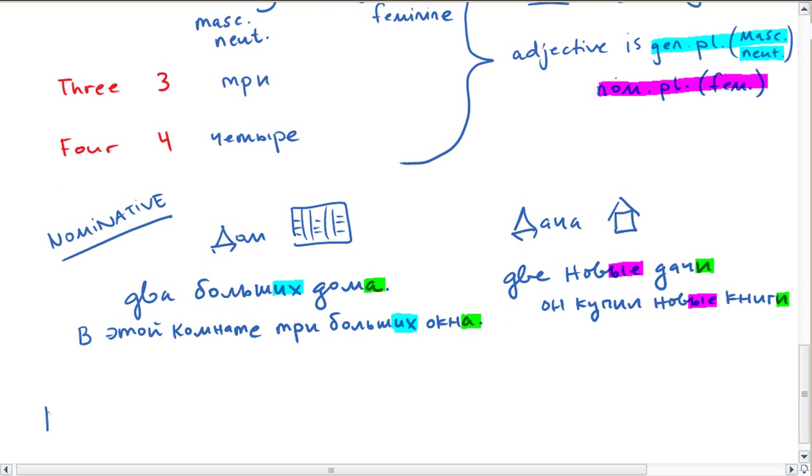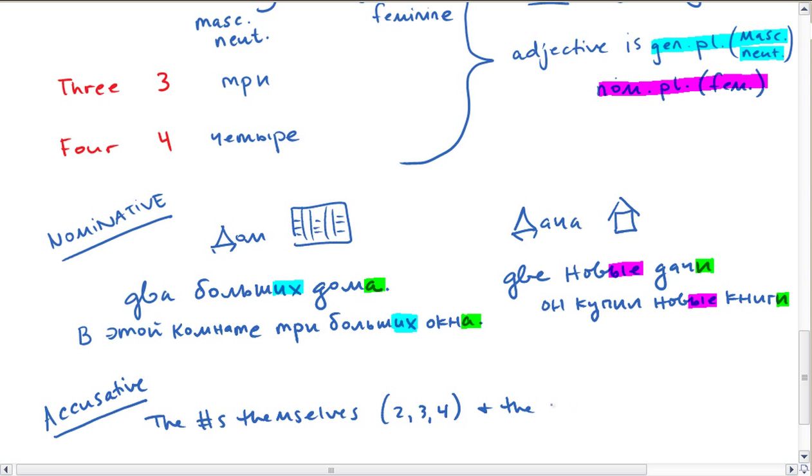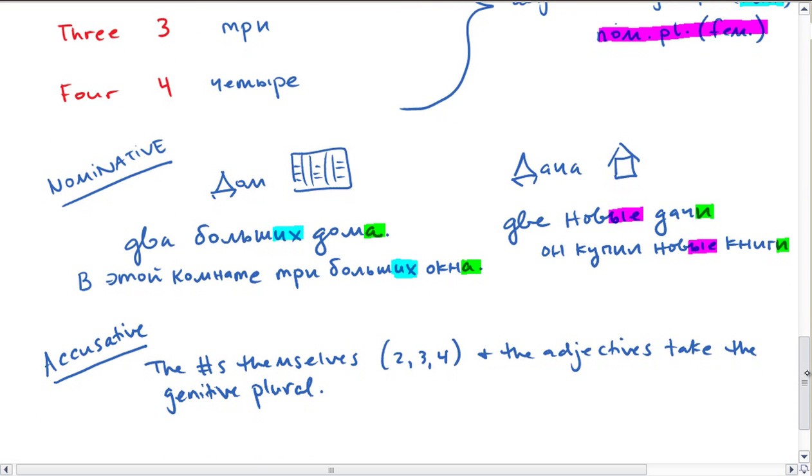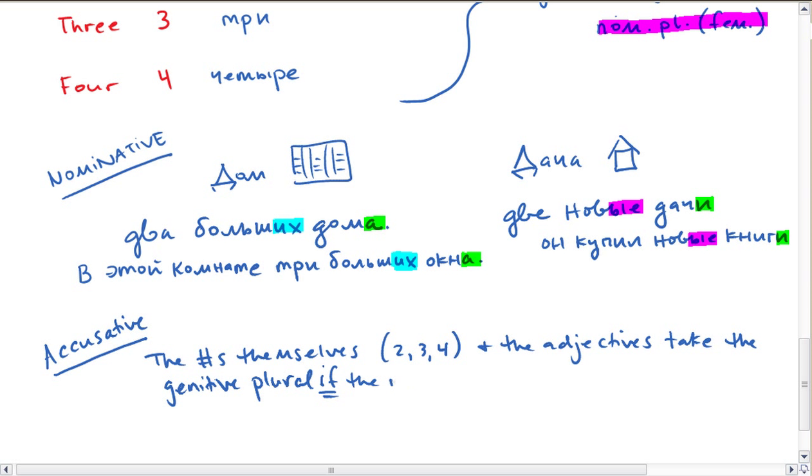In the accusative case, so if the number, the noun, and the adjective are all in the accusative case, the numbers themselves, 2, 3, and 4, and the adjectives take the genitive plural if the noun is animate.